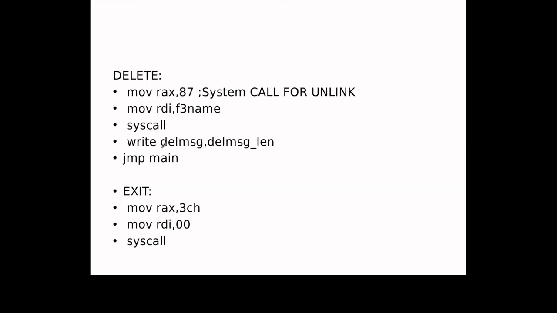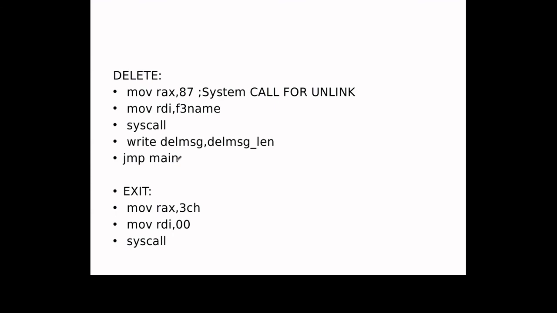The next option can be delete, so delete label. Okay, so delete is very simple, we have to just call the system call 87 for deleting the file. Okay, RAX contains 87 and RDI contains the file name, which file we have to delete. Okay, and then again call the write macro for showing the message file is successfully deleted.